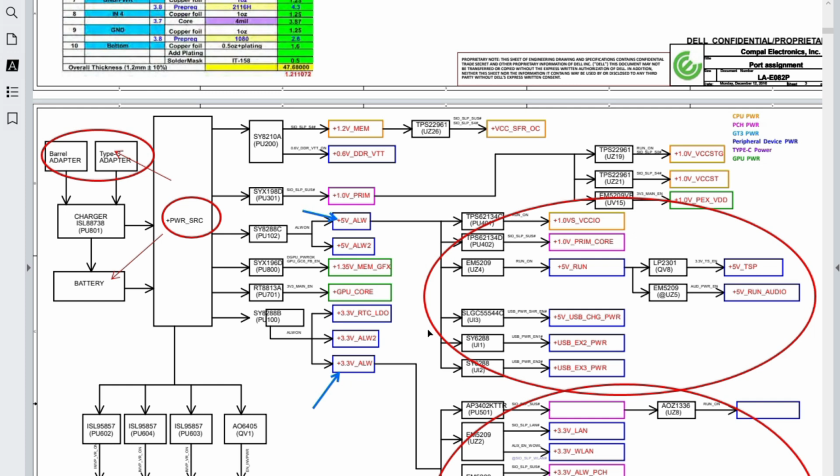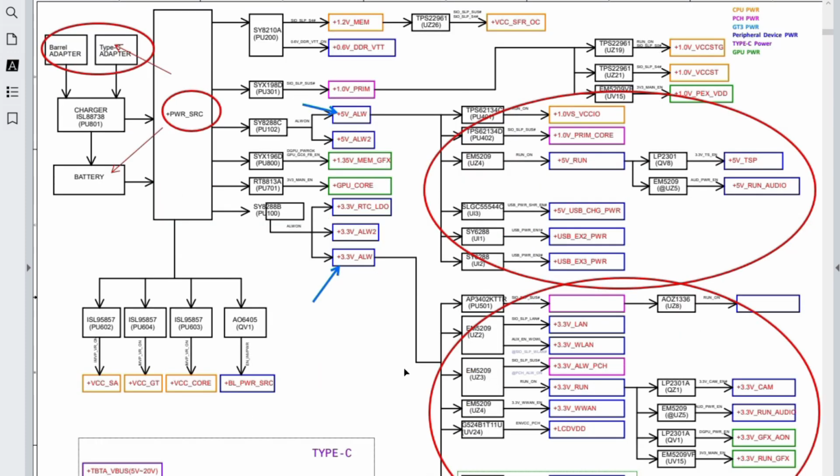This is why I want to show you the importance of these two voltages that we consider main voltages. So we have three main voltages in the motherboard. The first is 19 volt, the second is 3.3 volt, and the third is 5 volt.